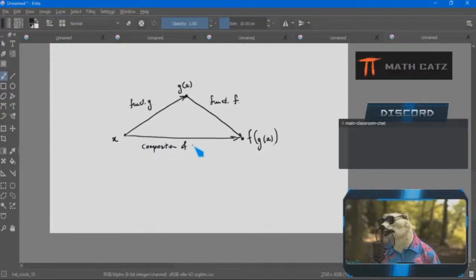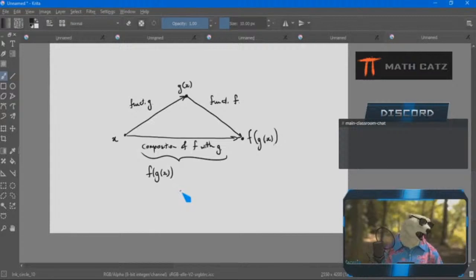Composition of f with g. For short, we want to represent that sometimes. There's nothing wrong with this. I actually prefer this f of g of x because it shows the sequence, what was happening.